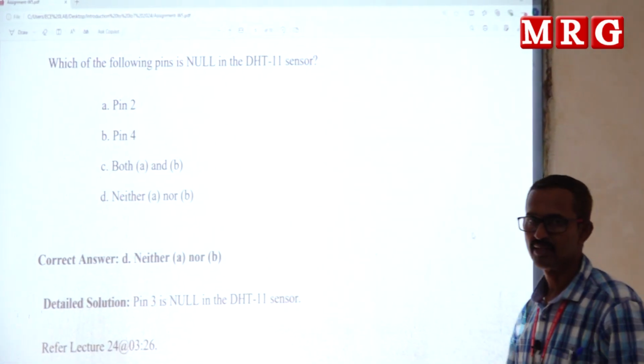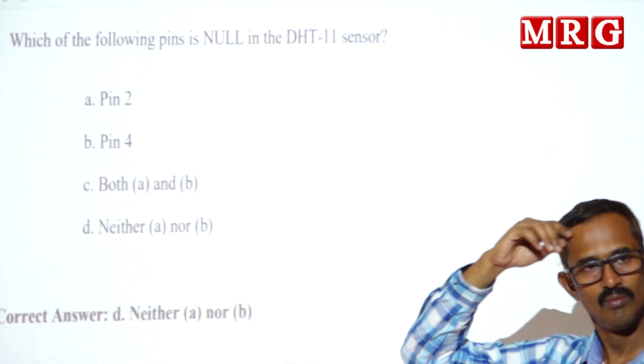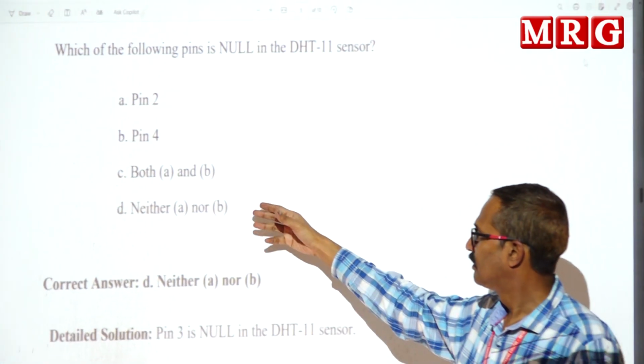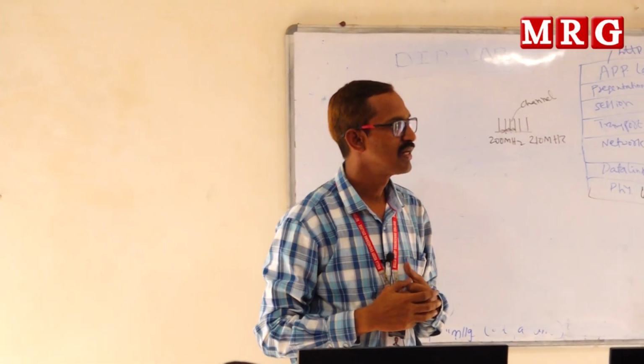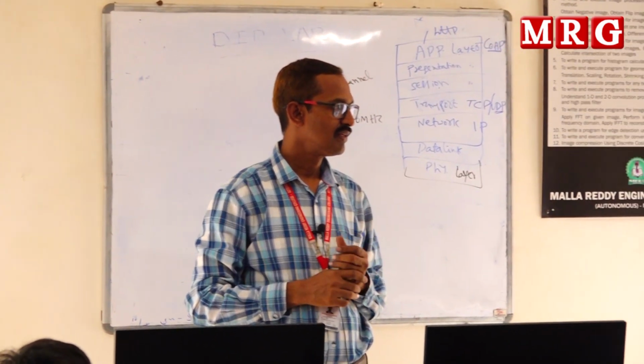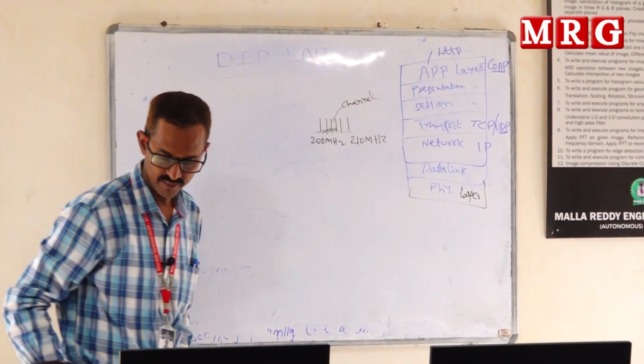Null is the third pin, but here the options say the second pin and the fourth pin, and both are not correct. So the answer is neither A nor B, because null is the third pin. There are 4 pins, and the diagram looks like this.